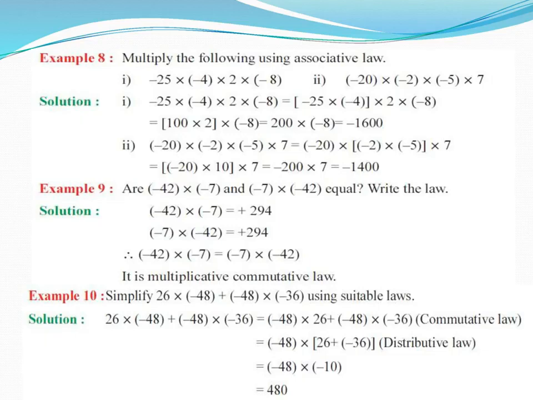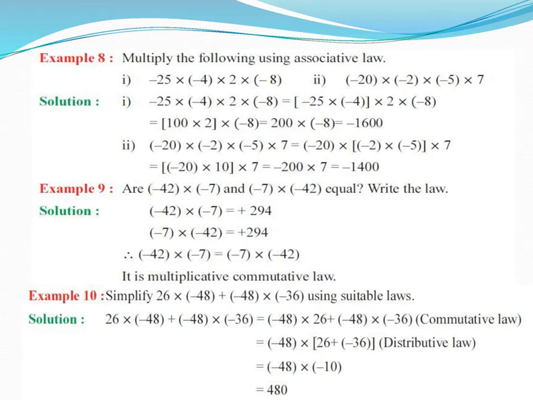Here also the two integers have the same signs, so the product is positive. Minus into minus is plus, and 7 into 42 is 294. Therefore minus 42 into minus 7 equals minus 7 into minus 42. It is the multiplicative commutative law.